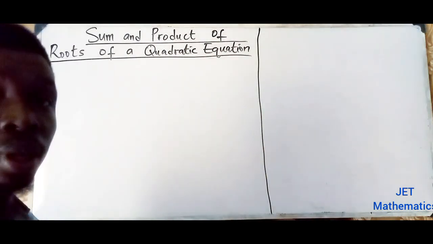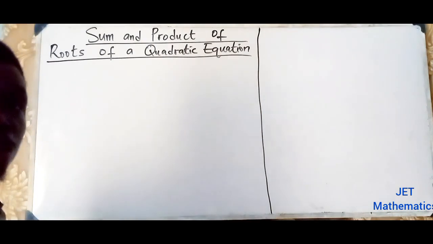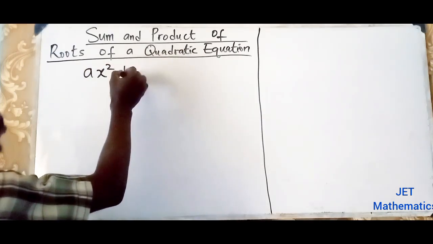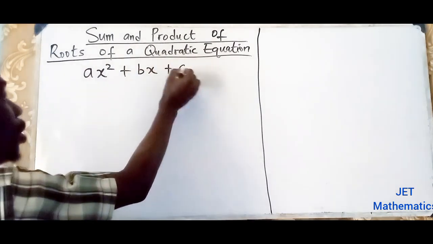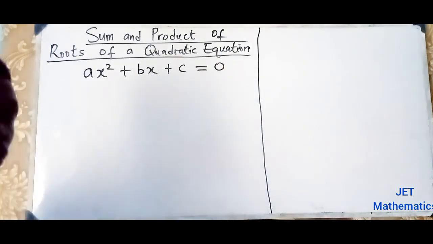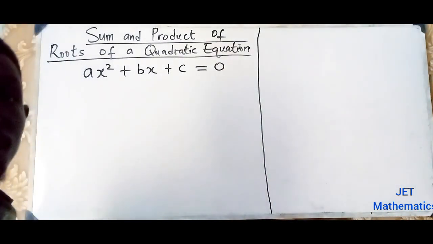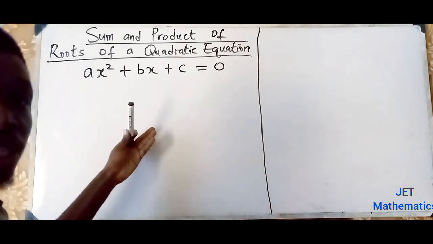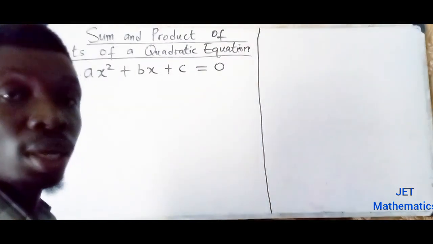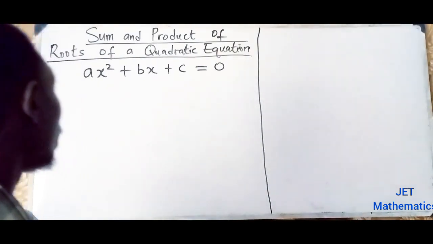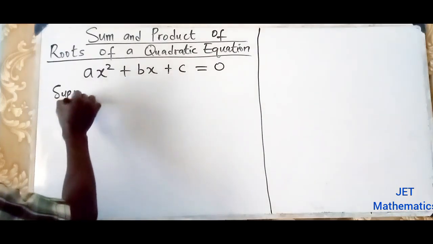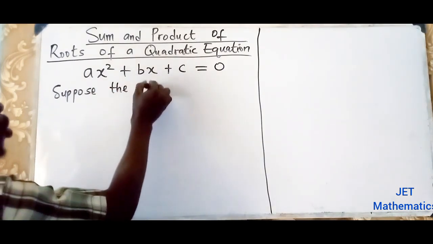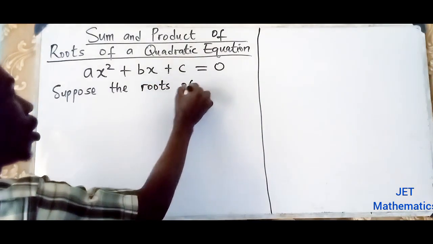Now remember that our general quadratic equation is ax squared plus bx plus c equals 0. So this is the general form of a quadratic equation. Next, let's assume that the roots of this equation are alpha and beta.